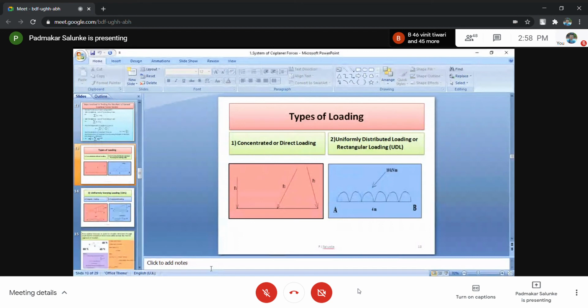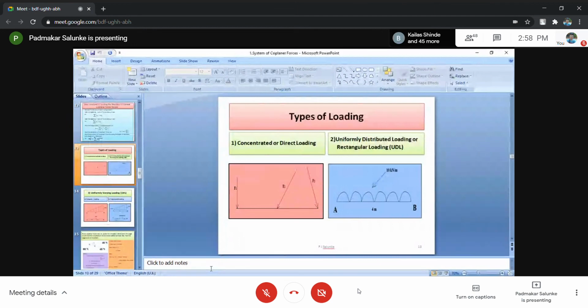Second, uniformly distributed loading, or maybe called a rectangular load. In the case of your house, at the top, if you are looking, you find several beams are available, horizontal beams, and on those beams the slab is resting, and beams are resting on the columns. The beams are horizontal in shape.